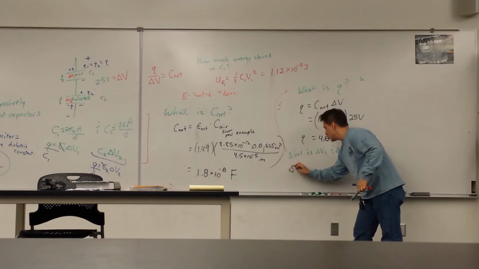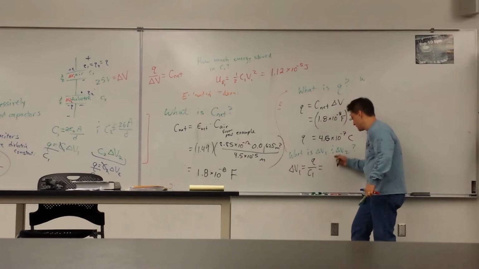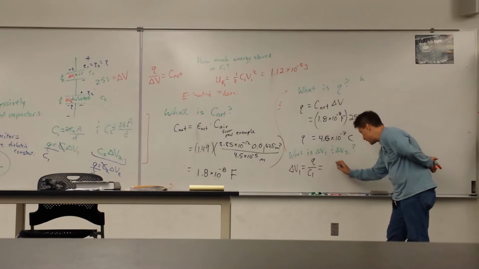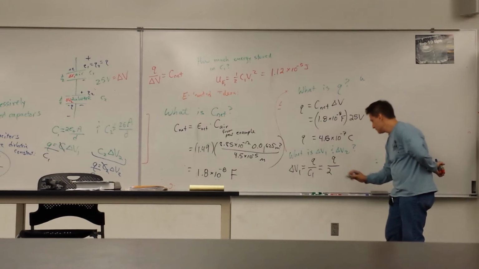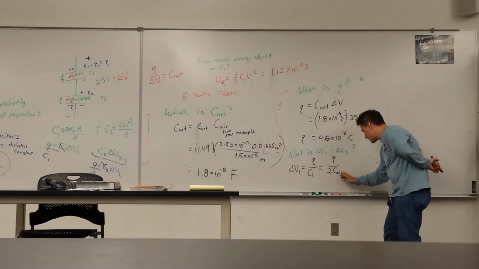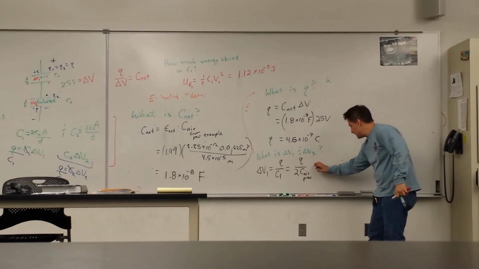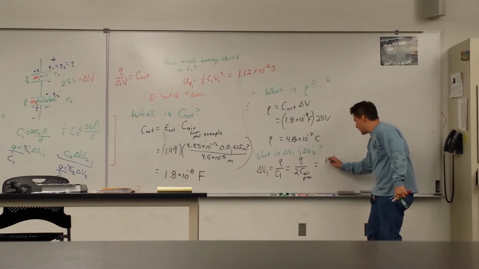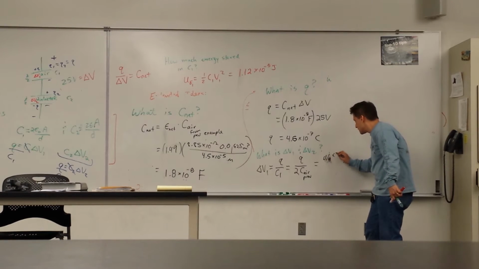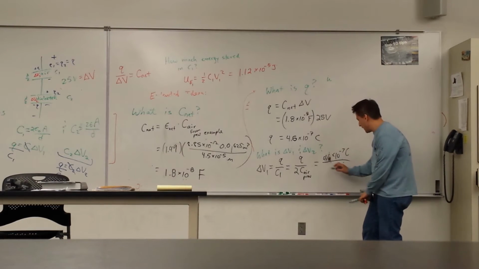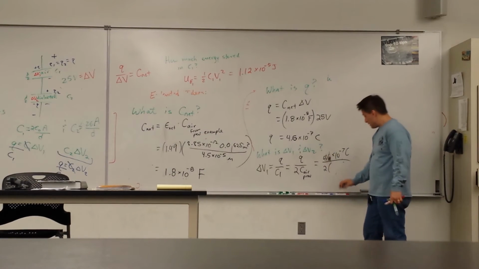So to get delta V1, we would take Q over C1, which should be Q over 2 times the previous C air. I'm going to say C air previous because I don't want to have to redo all these calculations again. And we know 4.6 times 10 to the negative 7 coulomb divided by 2 times 1.2 times 10 to the negative 8.